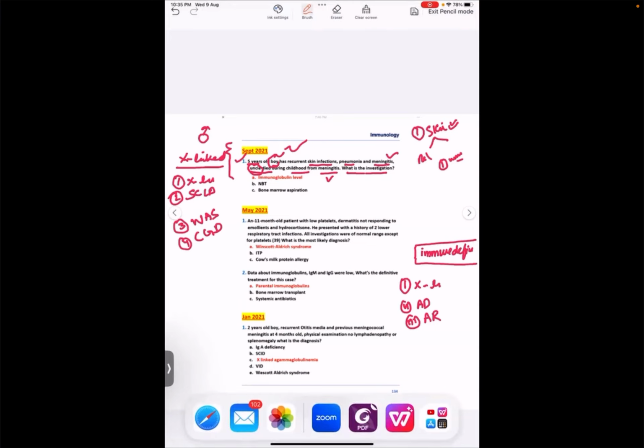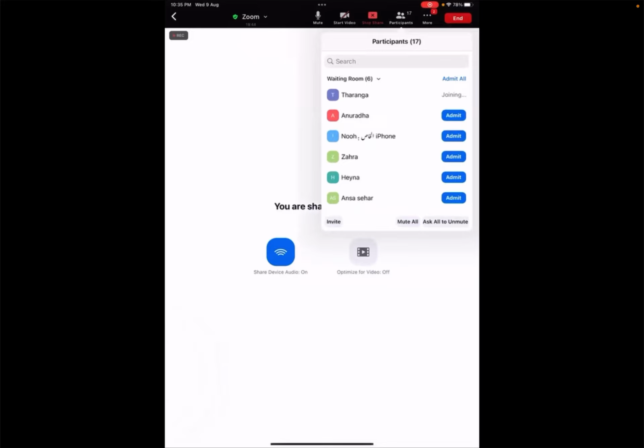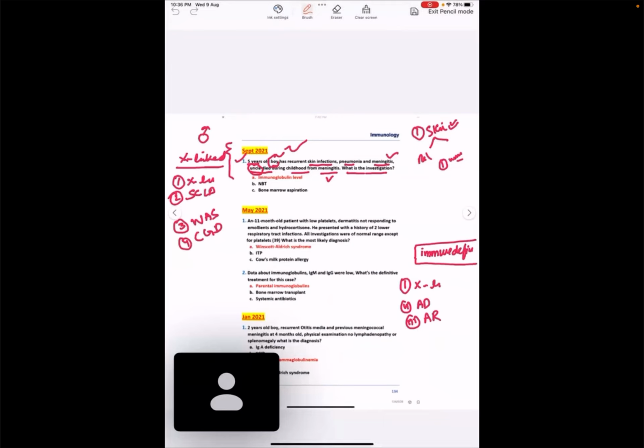So we will see what is the difference in the presentation of all these. How does X-linked agammaglobulinemia present? It will usually present after 6 months.